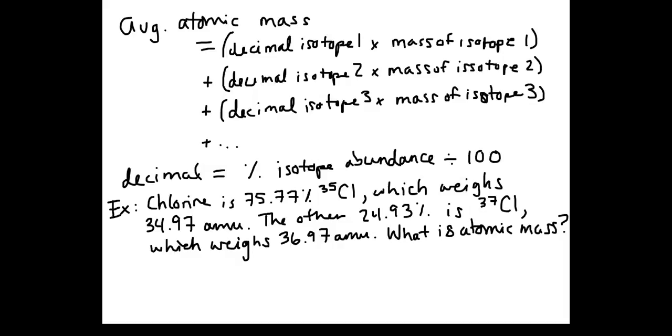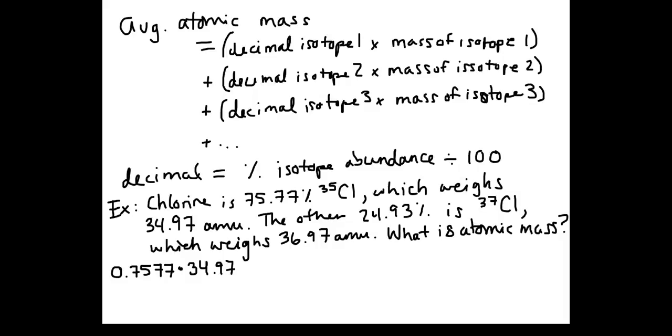So what's my decimal of isotope 1? 0.7577. And we're multiplying that by 34.97. So our isotope 1 is chlorine 35. Our isotope 2 is chlorine 37.